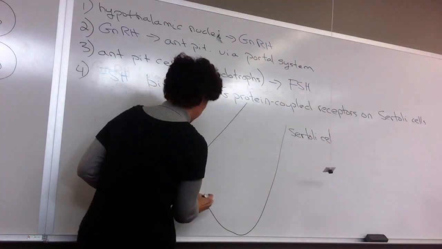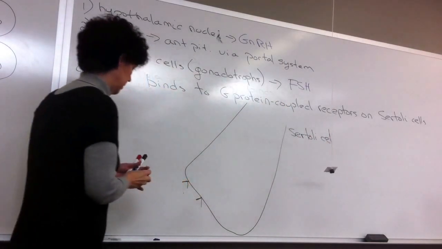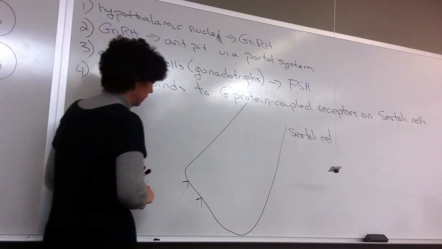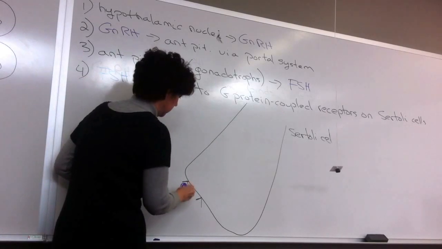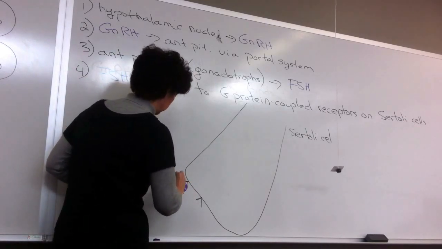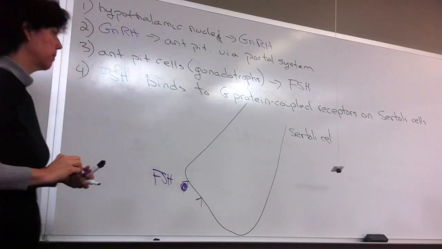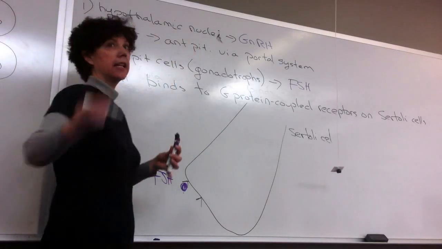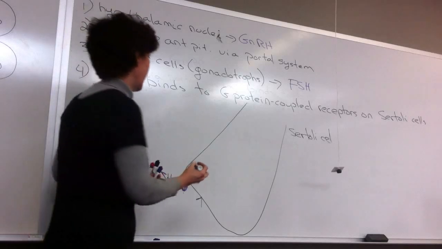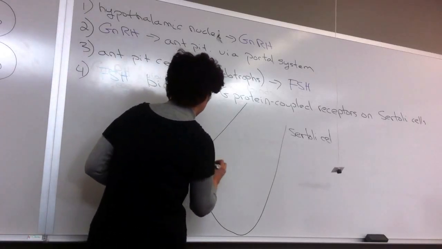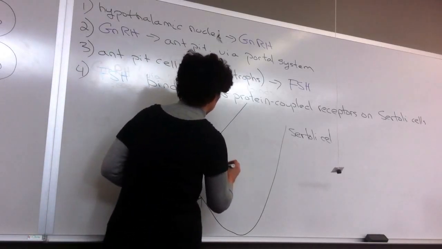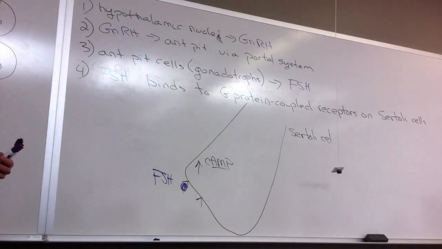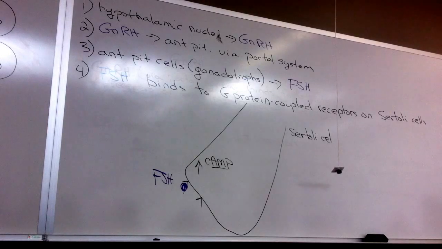So down here on the level accessible to the bloodstream, we're going to have FSH binding to its membrane hormone receptor. And just like LH, it goes through the adenylyl cyclase pathway and will induce increased levels of cyclic AMP within the sustentacular Sertoli cell.